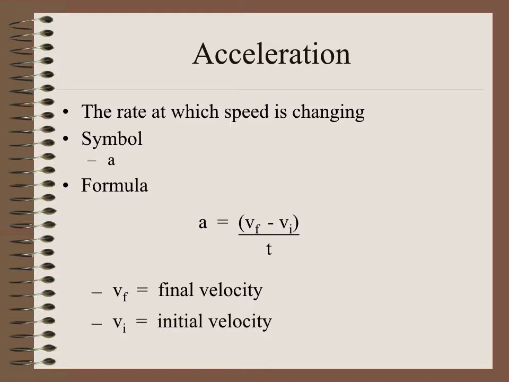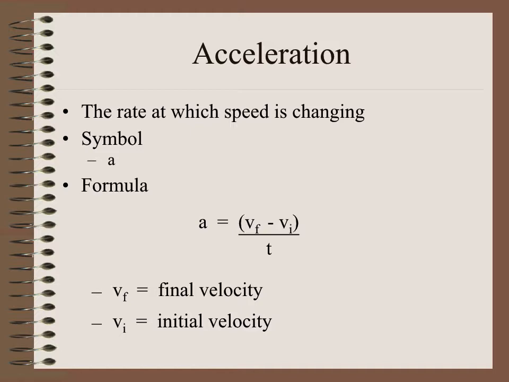We indicate the final speed or velocity as a v with a subscripted f for final, and the initial velocity with a subscripted i for initial. We take the difference between the two before we divide. Notice the parentheses on top. The parentheses are important mathematically because a lot of times if you do not put the parentheses in, you will not get the correct answer.